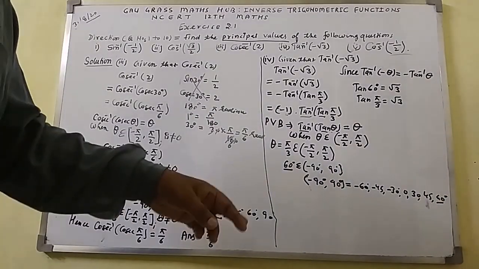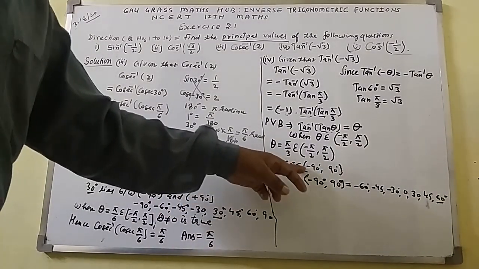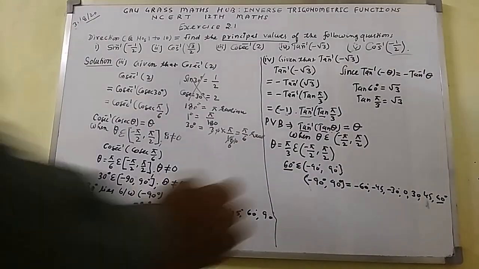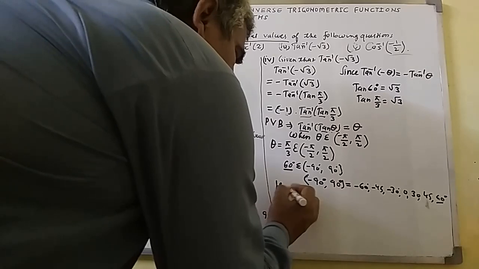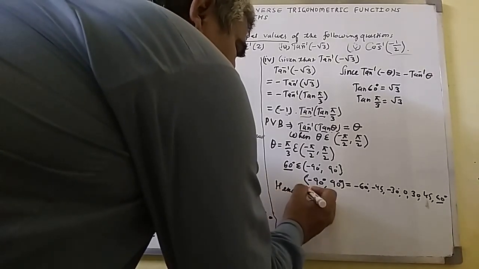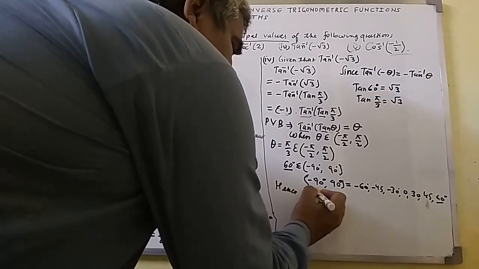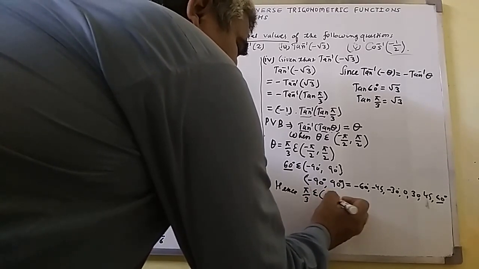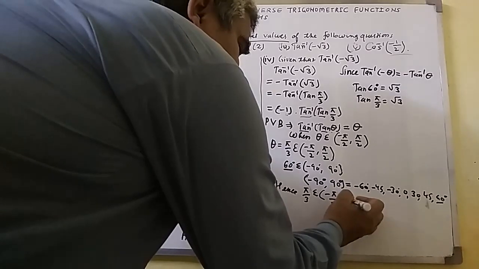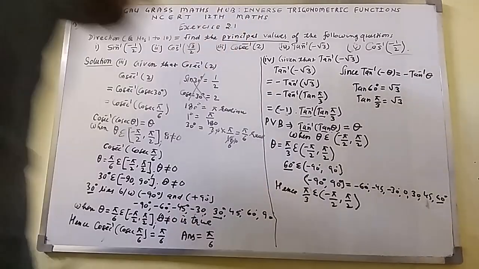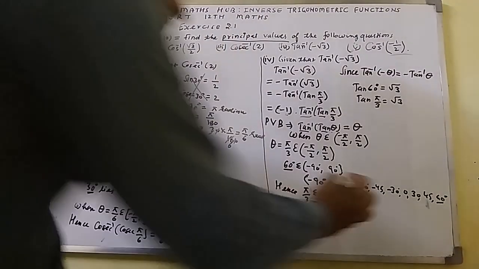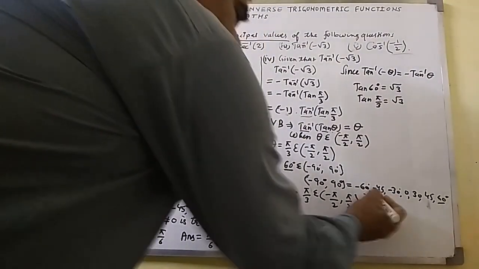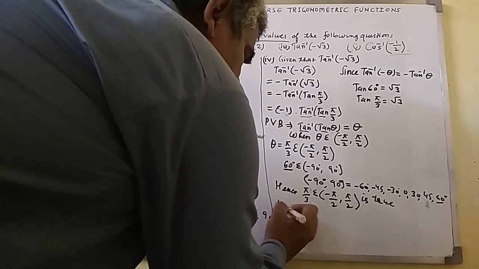This means that 60 degree belongs to the open interval minus 90 degree comma 90 degree. Hence pi over 3 belongs to the open interval minus pi by 2 comma pi by 2. This is true.